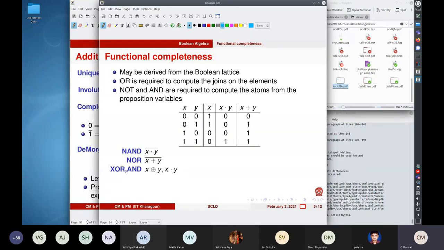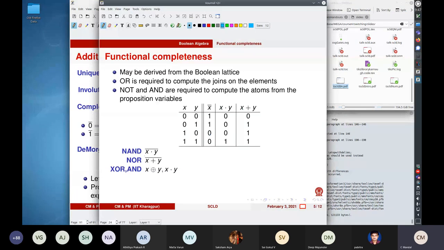These together form a functionally complete set. But you can show that, for example, NAND along with 1, you can express all these operations.